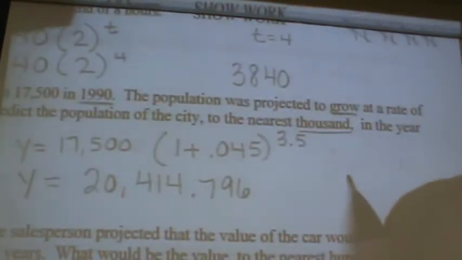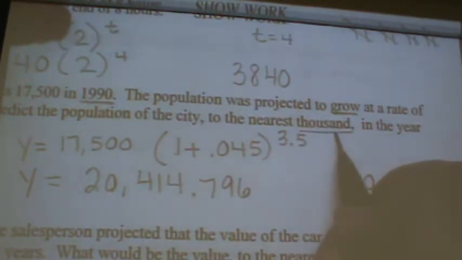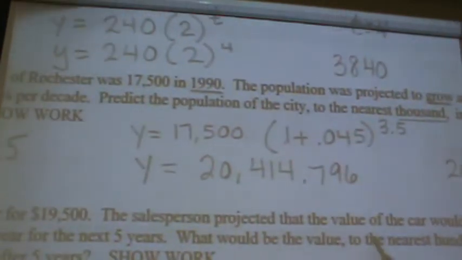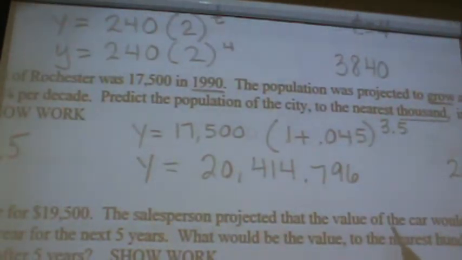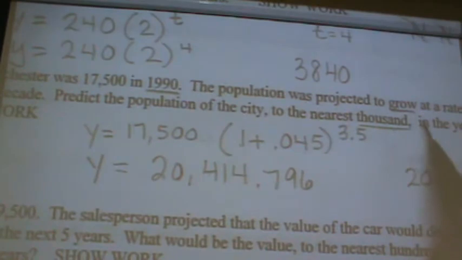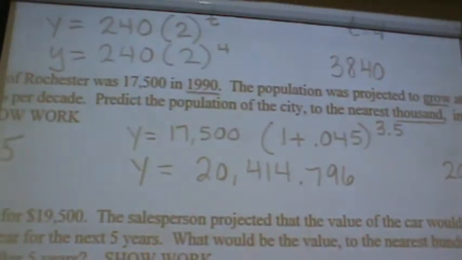So the actual correct answer is 20,000 to the nearest thousand. So please read the question carefully. Watch if there's a TH, thousands. So please read the question.